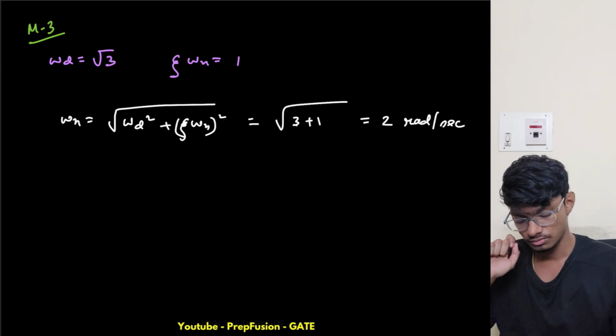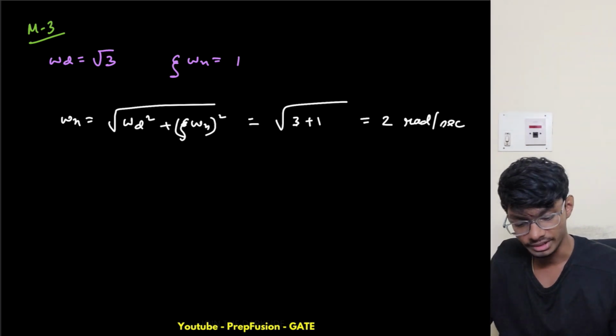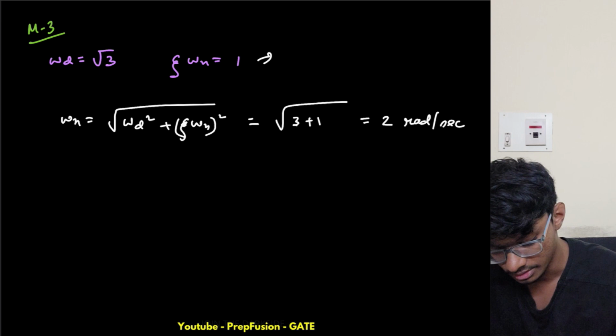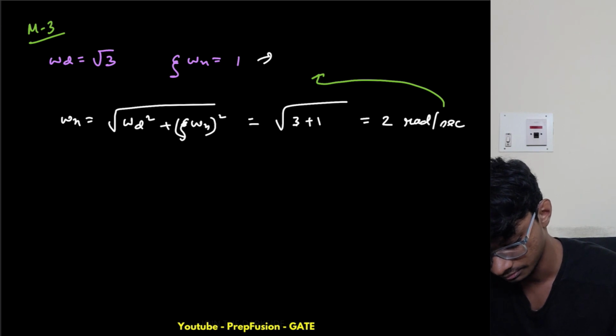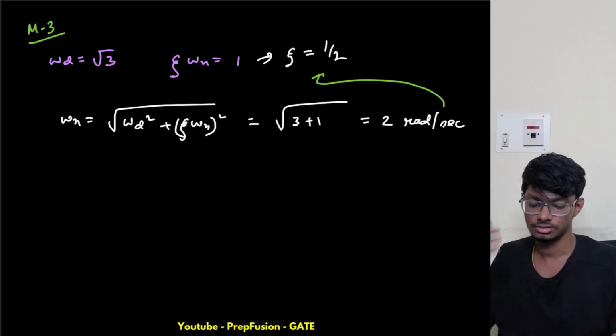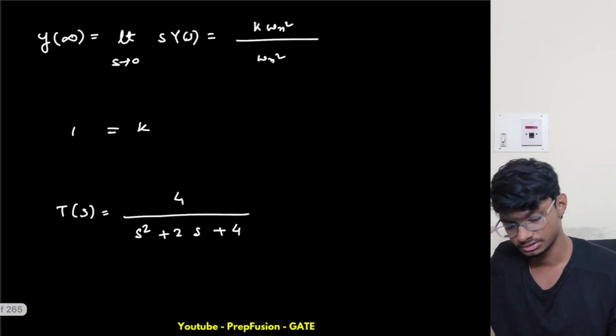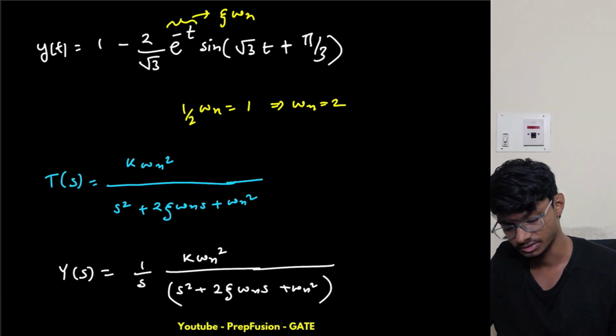Now I got the omega n, I know the omega d, and I can find the zeta from here. So then my zeta will be simply 1 by omega n, which is 1 by 2, okay. So yeah, I know all these things. Again, put this in the transfer function, but you have to follow the same steps again, okay.